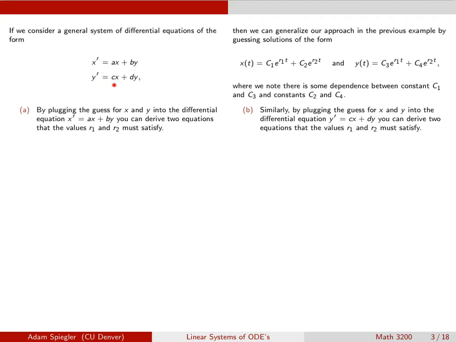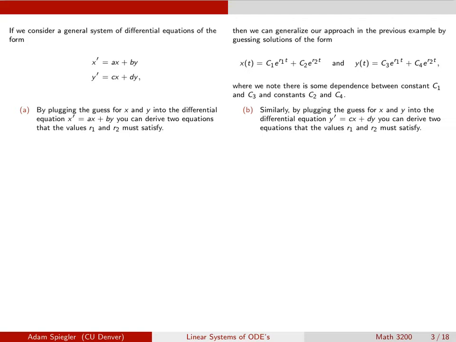Okay, so what we've seen so far is that it makes sense that we're getting solutions of the form c1 e to the r1t, c2 e to the r2t, and y is having the same powers, but these arbitrary constants might be different.